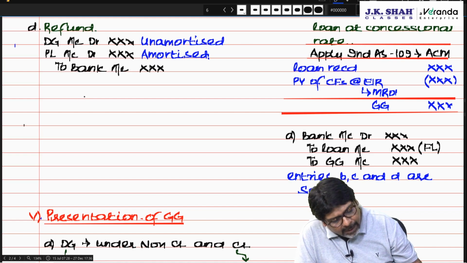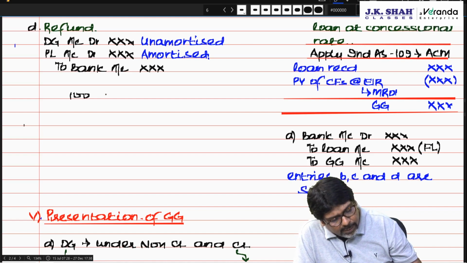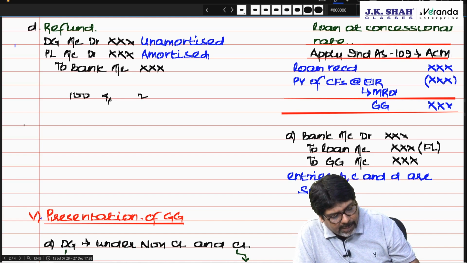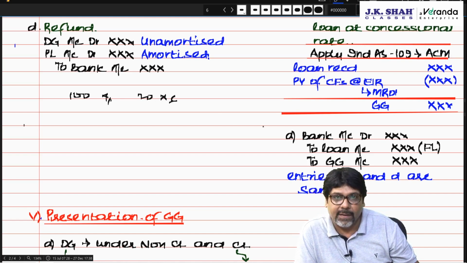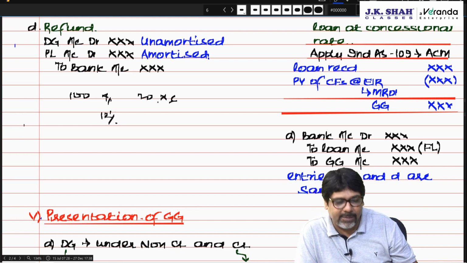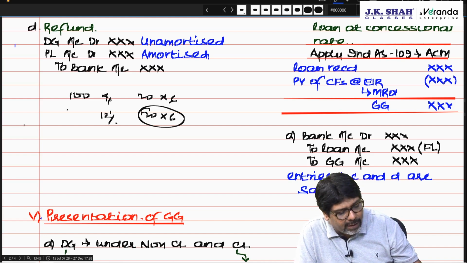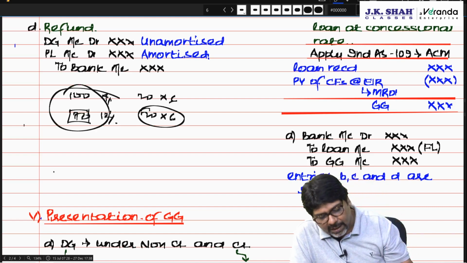Because for a 100 rupees loan at 4%, you are repaying 20 rupees 6 times. But at 12%, obviously, you would not have paid 20 rupees 6 times. You would have got less than 100. Suppose you would have got 70, then 30 rupees is treated as government grant, chartered. Simple.